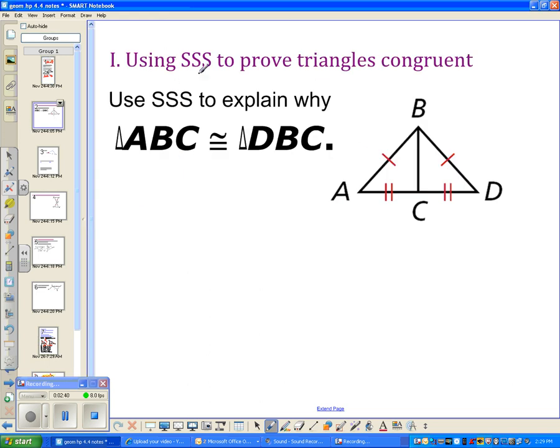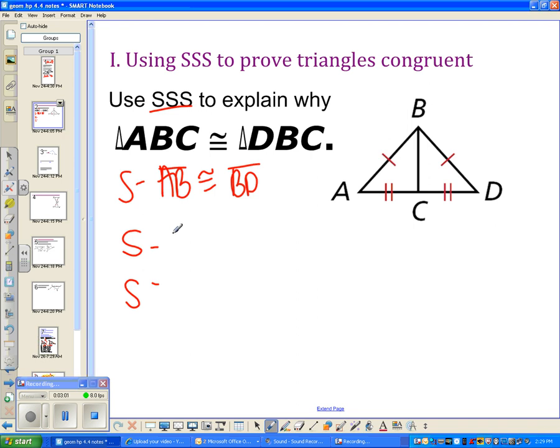Okay, so how can we apply this? It says use SSS to prove that the triangles are congruent. So we want to explain why triangle ABC is congruent to triangle DBC. So let's look. I need to have three sets of congruent sides. All right, well, it's already given that AB is congruent to BD. Sweet.